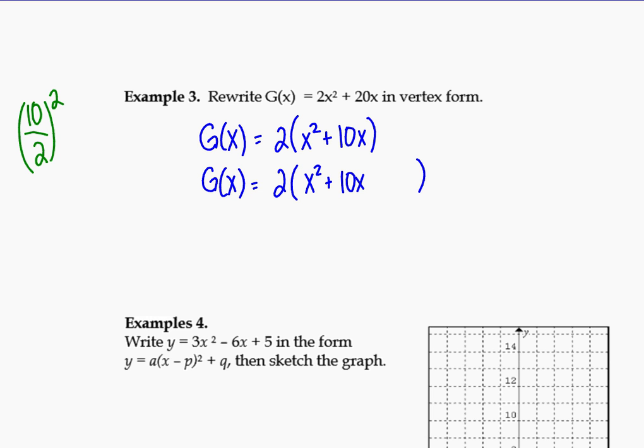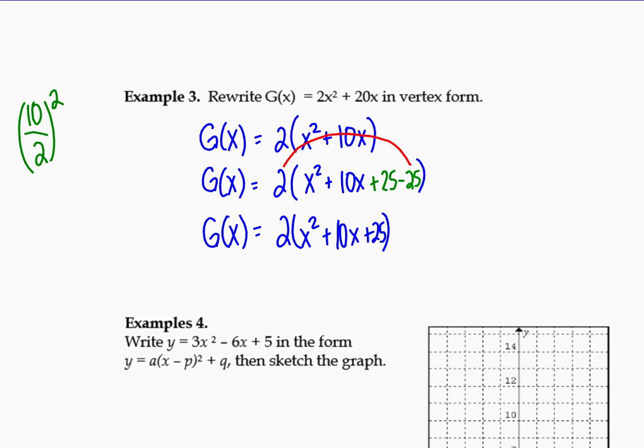What is that? 25 plus 25 minus 25. So we only want the 3 terms that make this a perfect square trinomial. So who are you going to pull out? Negative 25.